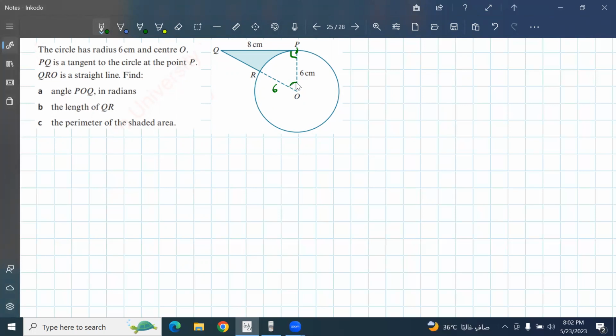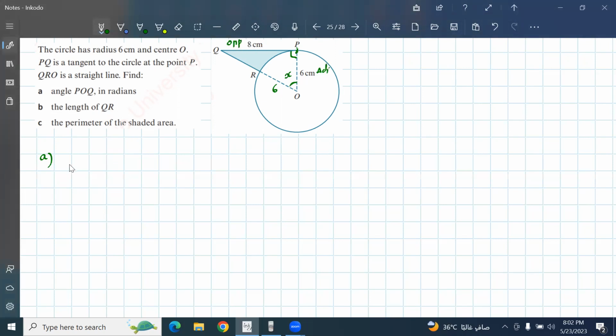POQ means we are looking at this angle. And we know that this is a right angle triangle, so we can apply simple trigonometric ratios in part A. If you check carefully, let's suppose this angle is X. Then this side is adjacent and this side is opposite.